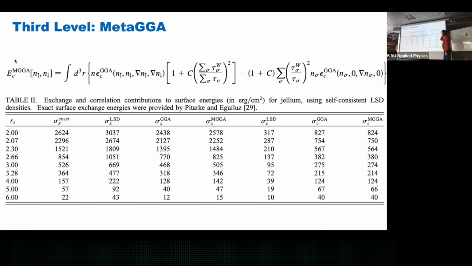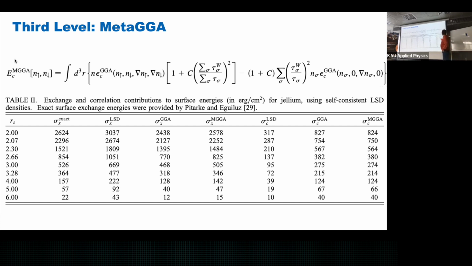When LDA overestimates exchange energy, here it overestimates it by 400, and underestimates correlation by 500. So when we add them, we get a rather good result. That's the secret of LDA's success: we have a huge error here and a huge error here, but these errors go in different directions, and that's why we have a rather good result.